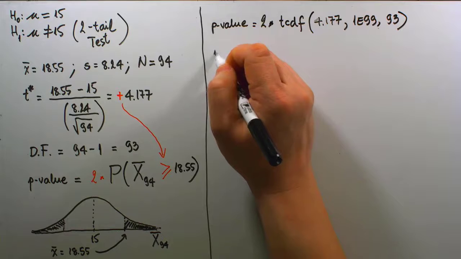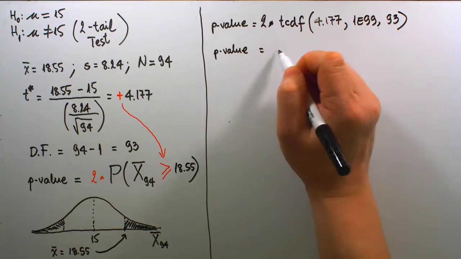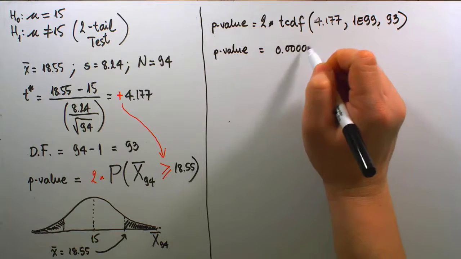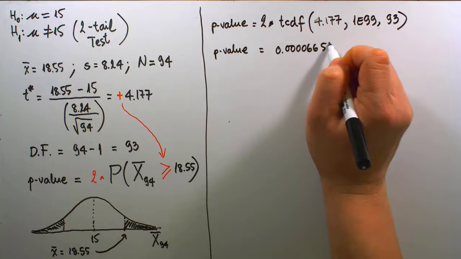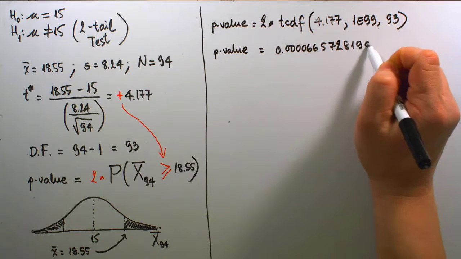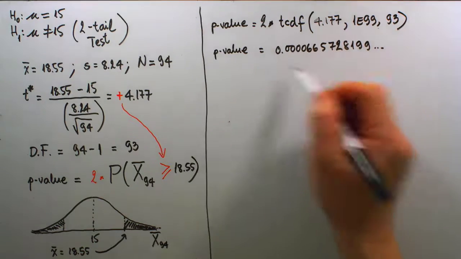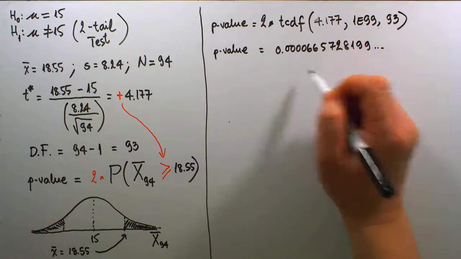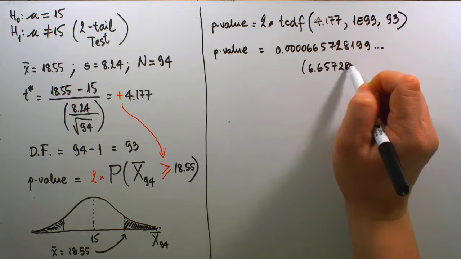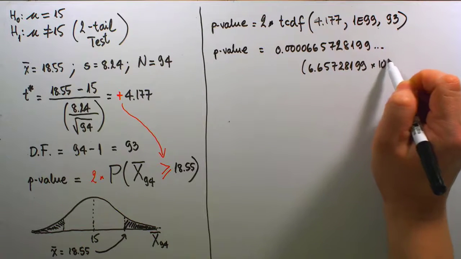So that means our final p-value, in the way the calculator has written it, means we're looking at 0.000665728 and a lot longer, because the calculator wrote this value as 6.65728 times 10 to the minus 5.